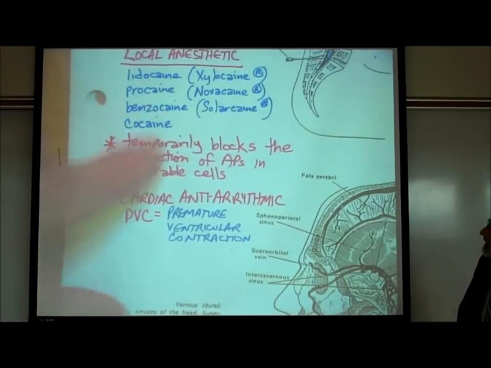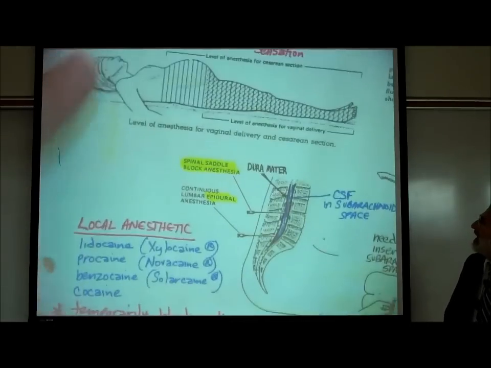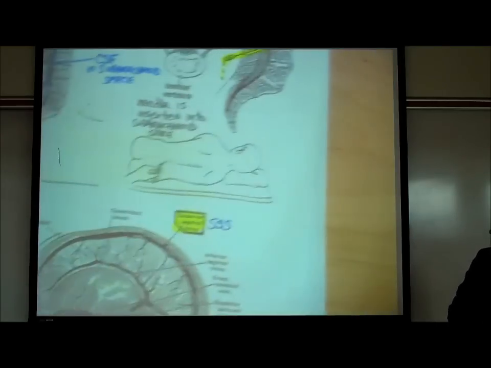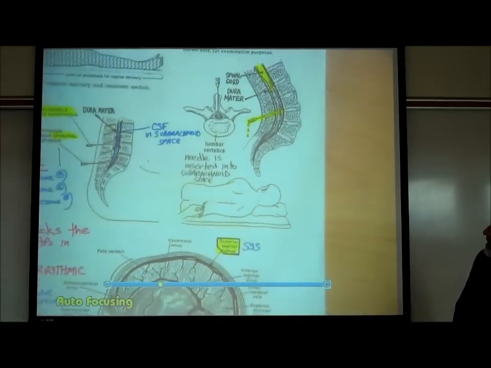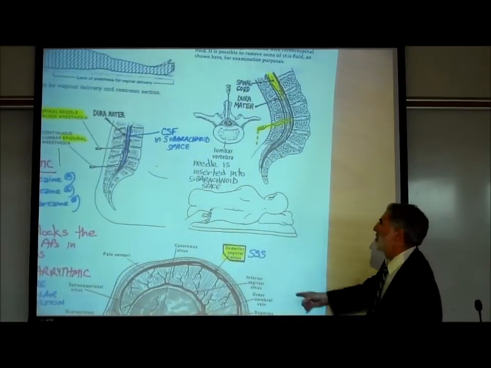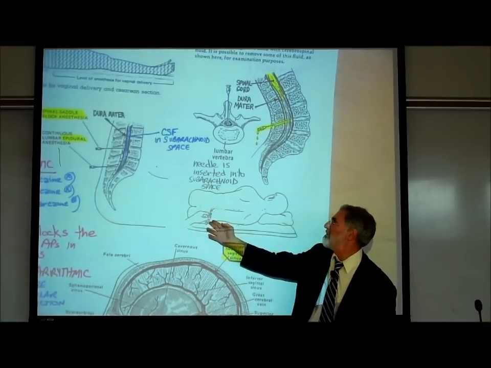All right, so lidocaine is used in dentistry, and lidocaine is what they inject for an epidural block. Let's go down to this picture. This shows a guy who's got a needle between his lumbar vertebrae, and they're withdrawing some cerebrospinal fluid.